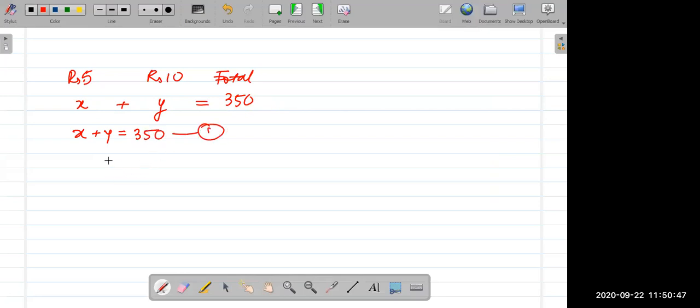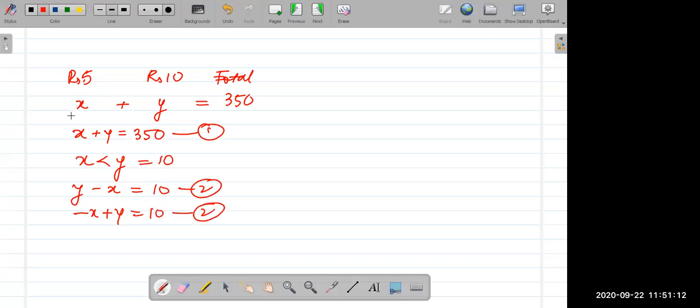And then the second condition was that the X notes are less than the Y notes by 10, correct? So that would be Y minus X. We are subtracting the smaller from the greater to get 10. This was the second equation. We write this in standard form, that would give us minus X plus Y equals 10.